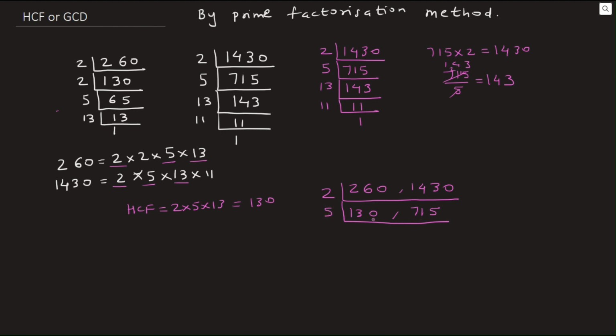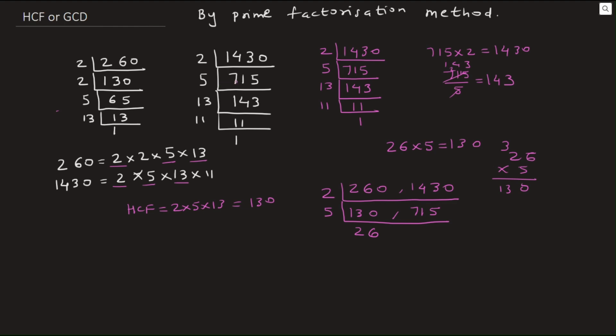It divides 130 without a remainder and 715 without a remainder. So 26 times 5 equals 130. Let me try out 26 into 5: 5 times 6 equals 30. So this is 5 times 26 equals 130.